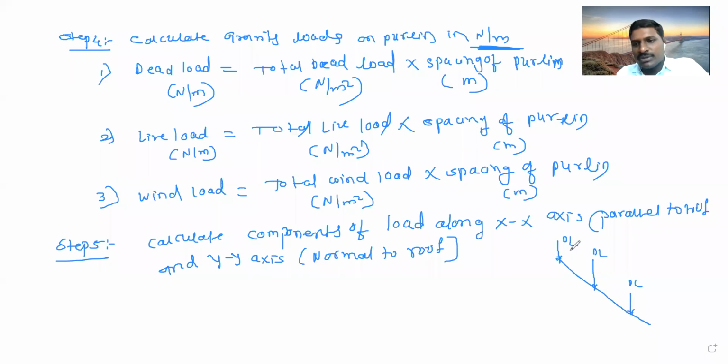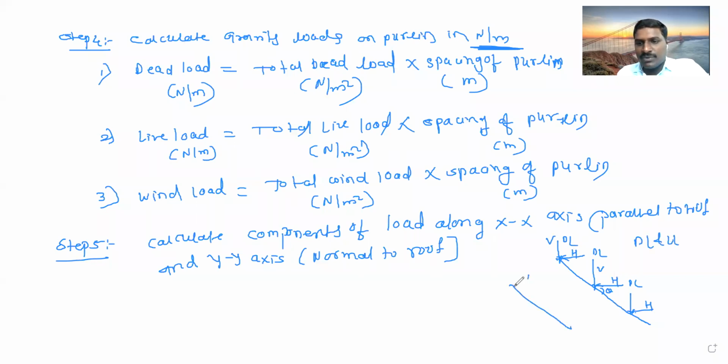We have to resolve this into vertical and horizontal components. This is the vertical, this is horizontal. For the horizontal component, this theta matters here. This is for dead load and live load.